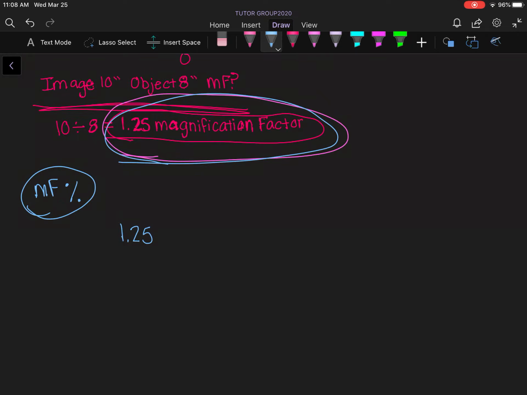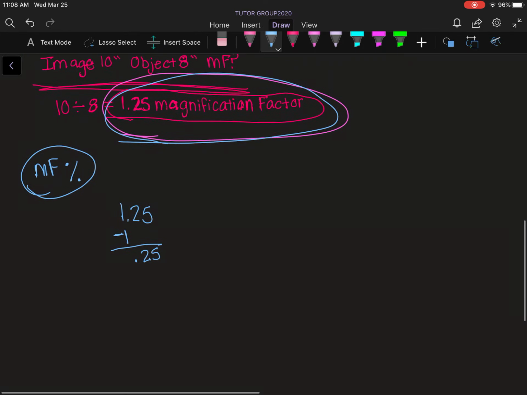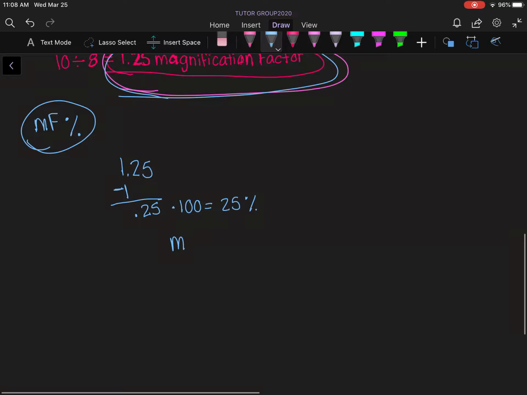If we need the magnification percentage, all we're going to do is subtract 1 from 1.25, which gives us 0.25. Then we multiply that by 100, and that equals 25%. So our magnification percentage is 25%.